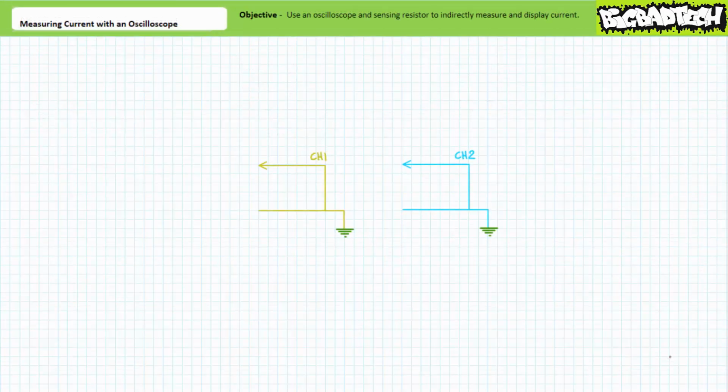Deploying a sensing resistor to indirectly measure current necessitates the user confront a technical limitation of most oscilloscopes, even the modern ones, head-on. Most multi-channel oscilloscopes, unless explicitly designated as one employing isolated channels, reference all channels from ground. This means channel 1 is a plot of voltage with respect to ground, as is channel 2.